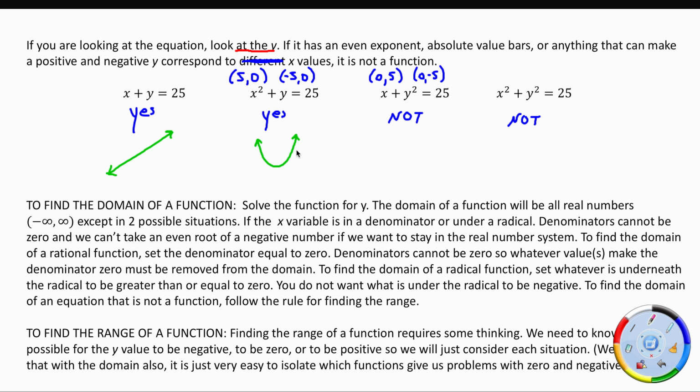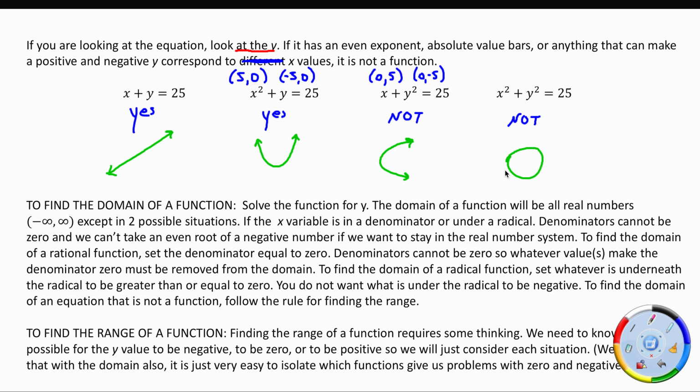So it passes the vertical line test. This one with the y squared has this shape, which does not pass the vertical line test. And we should know this is a circle, which again does not pass the vertical line test. So they're all telling us the same information. I just think about it in different ways.